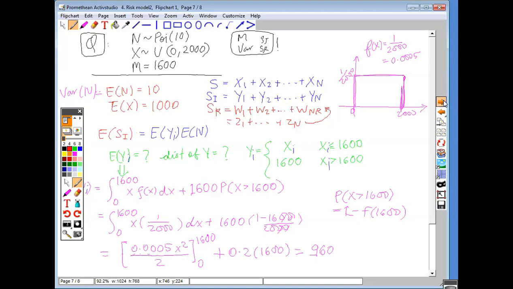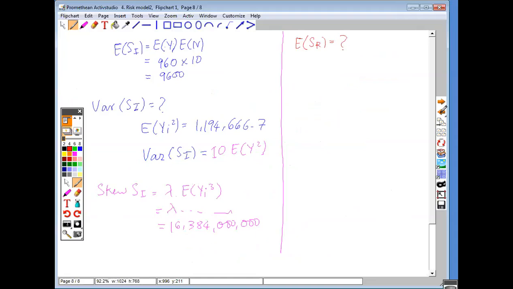And now I want to figure out my expectation of SR. So what should I do? Expectation of NR times expectation of W. All right.